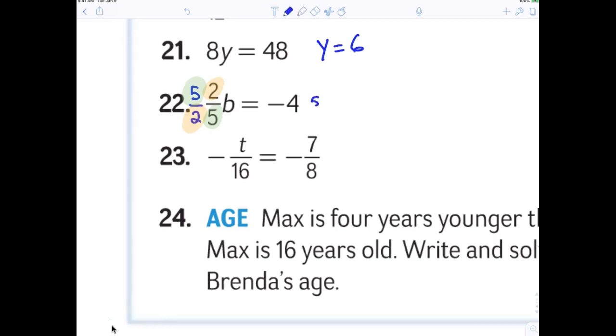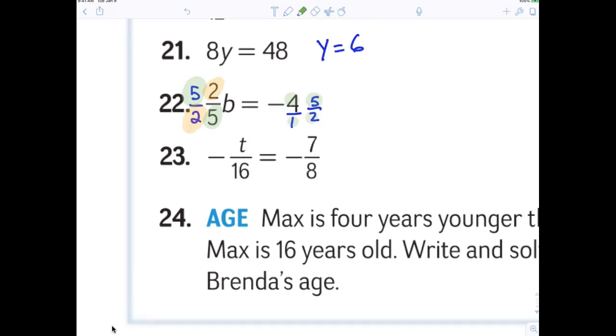So now we're going to review what you do with these fractions. All right. Now 4 is the same as 4 over what? 1. Now when you're multiplying fractions, we can cross what? Cancel. Yeah, we can cross cancel. So you're going to say, is there anything that can be reduced with the 5 and the 1? No. But what about the 4 and the 2?